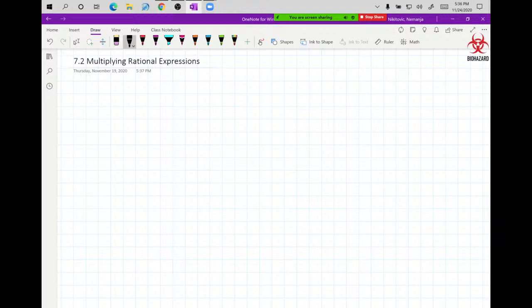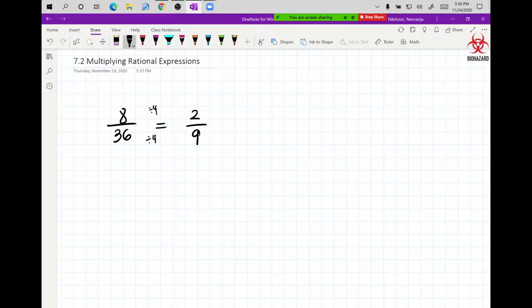If you have, let's say, 8 over 36, that fraction can be cancelled by 4. So if we divide top and bottom by 4, we'll get 2 over 9.